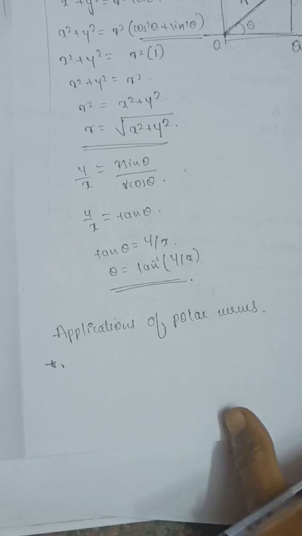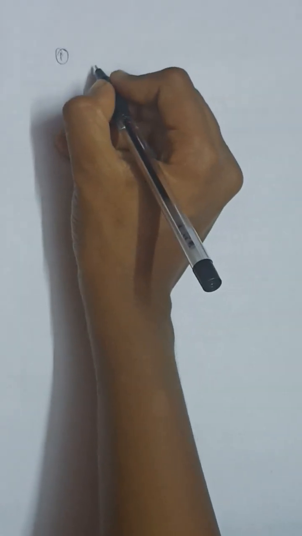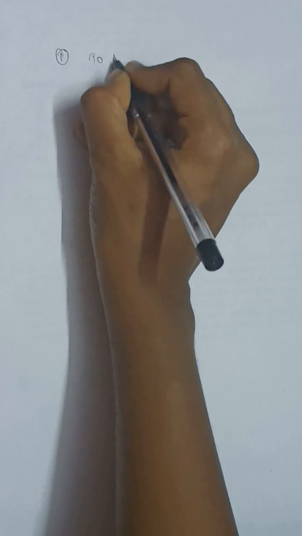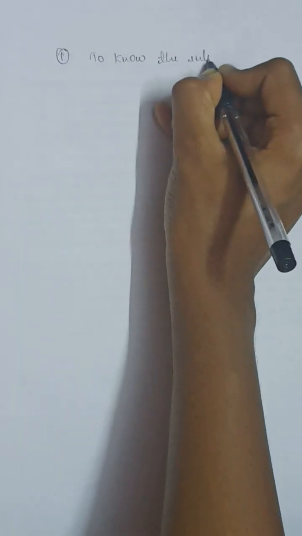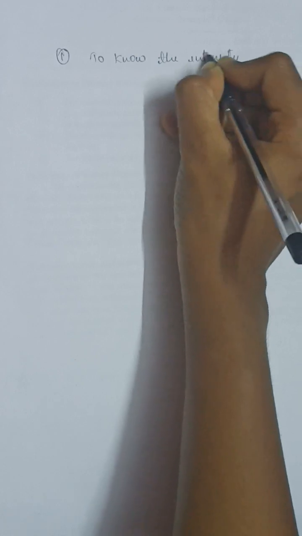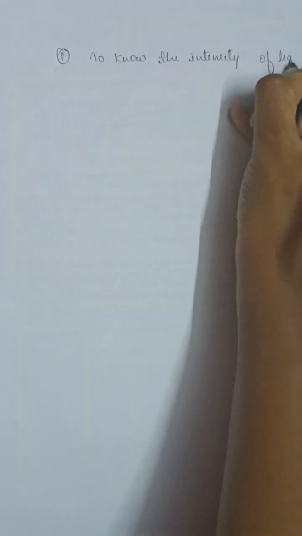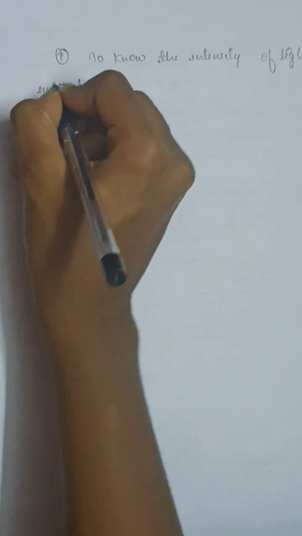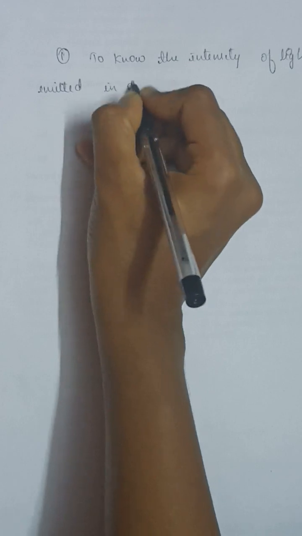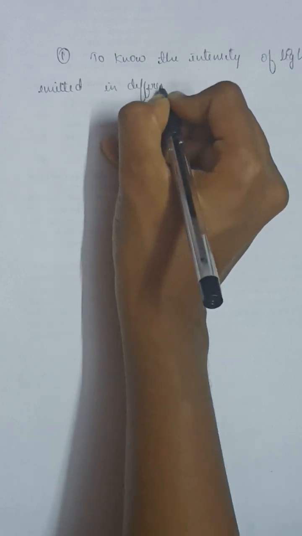The first one is to know the intensity of light emitted in different directions.